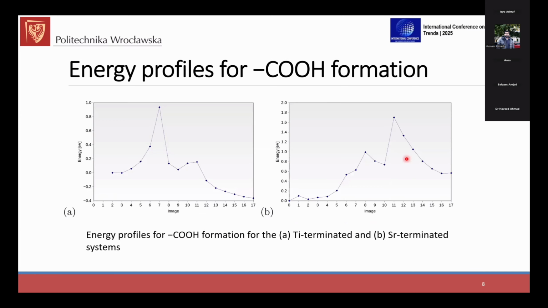And for further in-depth analysis of this profile, we have calculated the energy along the reaction pathway. So this is for the TiO2 terminating system, and this is for the SrO terminating system. For the TiO2 terminating system, the reaction proceeds with an activation energy barrier of around 0.93 electron volt, and is thermodynamically stable.